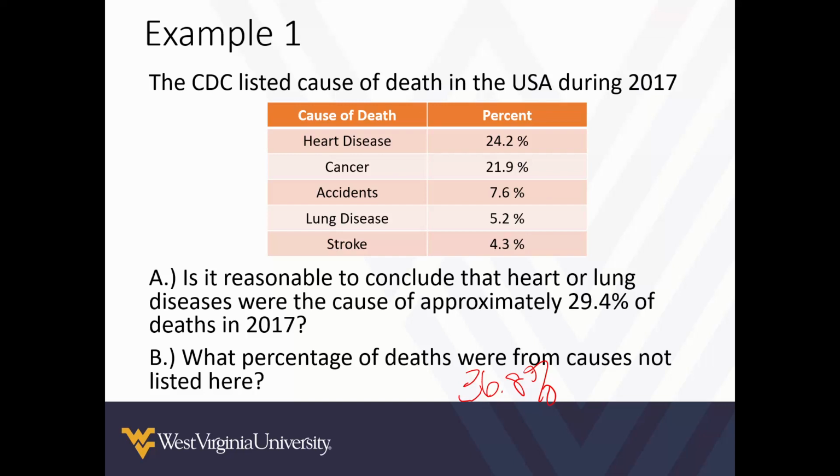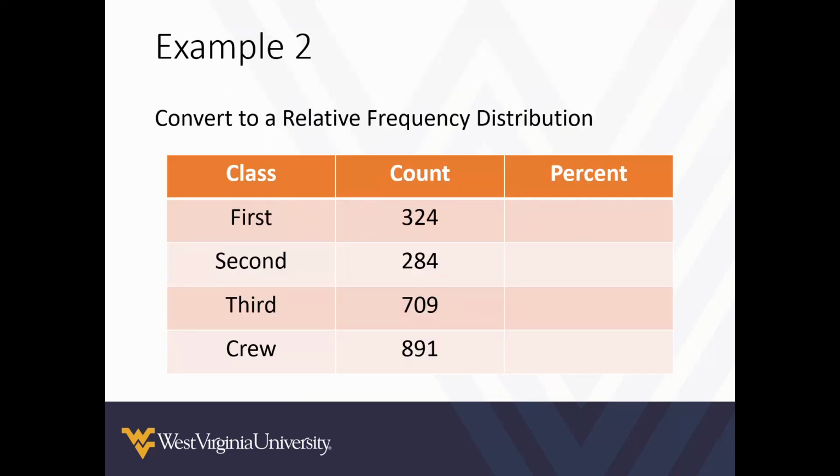Not bad. Let's take a look at a second example. Suppose we want to convert into a relative frequency distribution. We've kind of seen how to do this already, but let's double check. Taking a look at this, we have data from the Titanic, the number of passengers aboard.